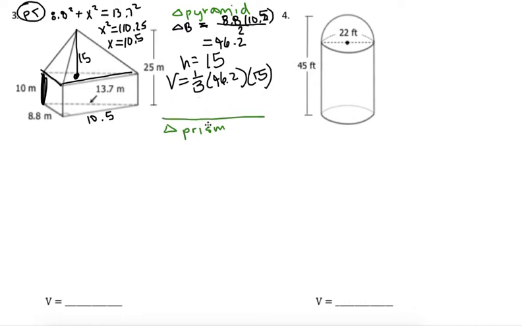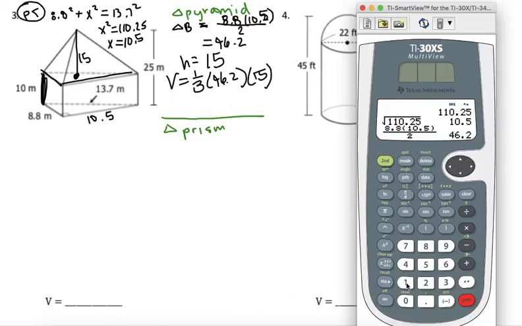What do we get there? All right, so 1/3. There's our volume formula. Area of the base we calculated. Had to do a little work there. 46.2 times 15. All right, so we get 231 here. Let me double check. 1/3.